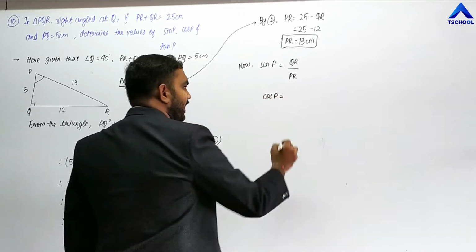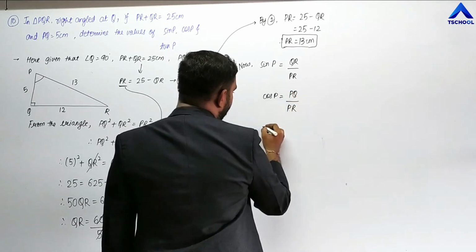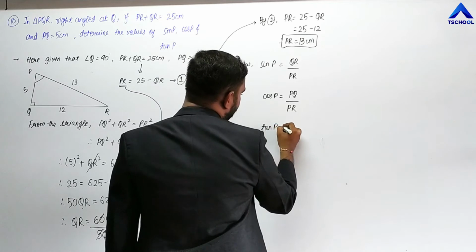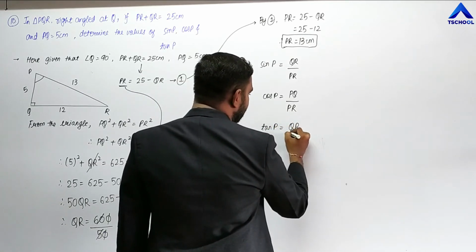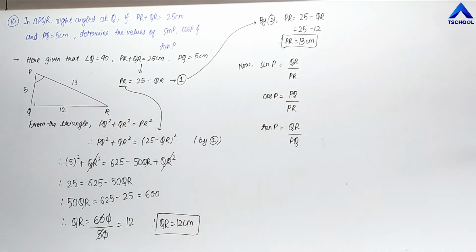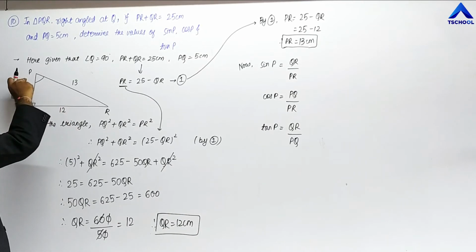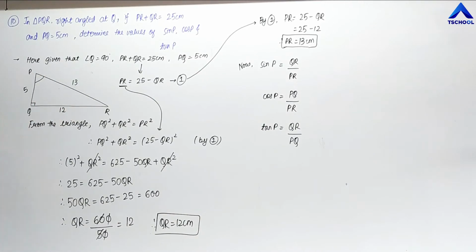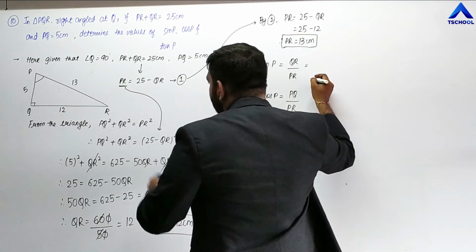Side adjacent to angle P, that is PQ upon PR, and the third one we can find is tan P, side opposite to angle P upon side adjacent to angle P. You can cross check. This is side opposite to angle P, this is side adjacent to angle P, and that will be the hypotenuse. We got all of the three ratios, simply put down the values.